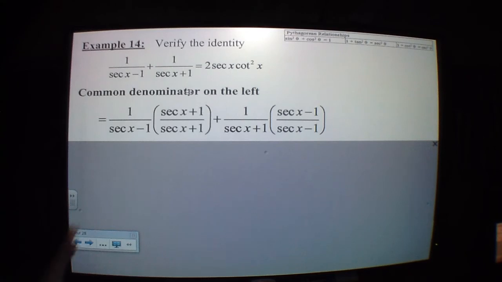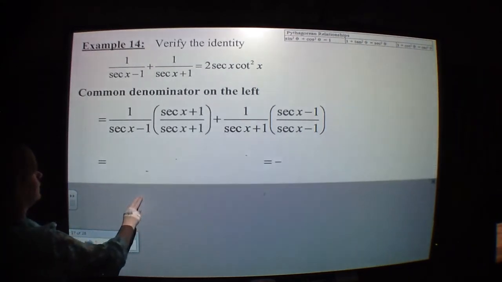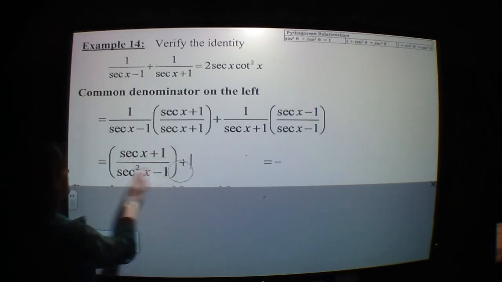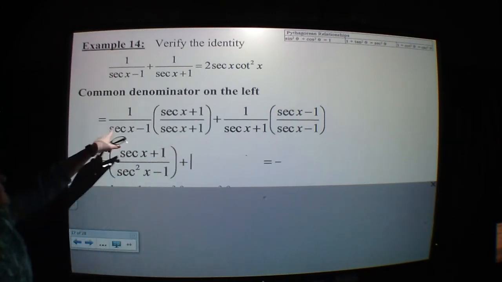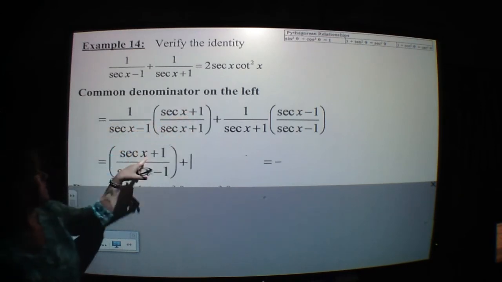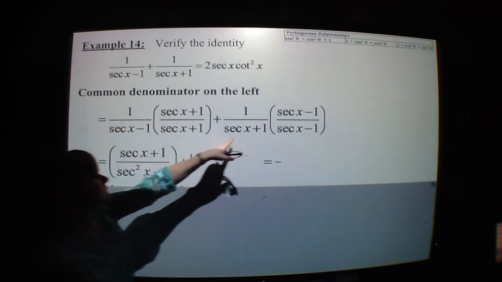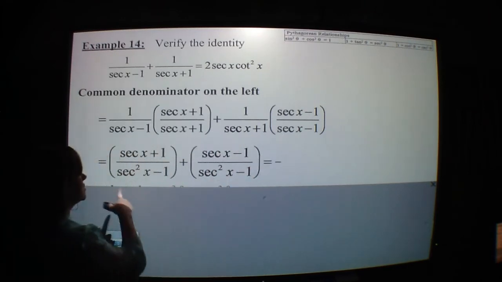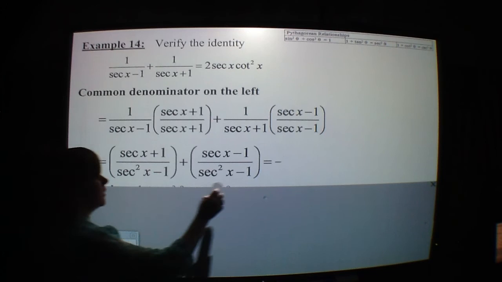So distribute and FOIL, and when you FOIL and distribute, this is secant squared minus 1, this is secant of x plus 1, plus secant of x minus 1, and my common denominator. And you can just write it as one fraction, just one denominator.